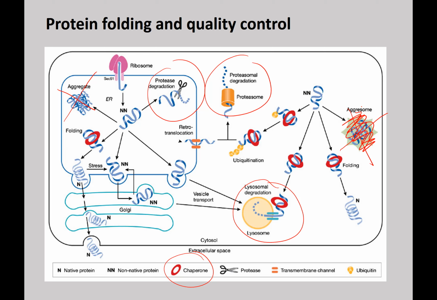So there's a lot of research on why do these proteins aggregate, why don't they fold correctly sometimes, and what could we do to fix that. So again, busy slide, just to understand that there are many mechanisms for making sure we make proper proteins in our cells.